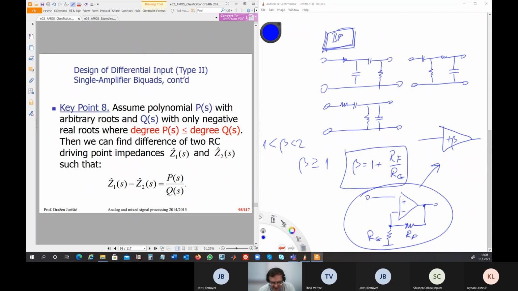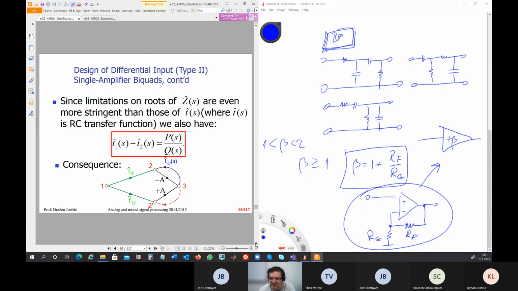This is very simple from circuit theory: if you want to obtain a polynomial with arbitrary roots, to have the roots of P of S anywhere in the plane, then you must make subtraction. This minus is very important, of two impedances, for example.